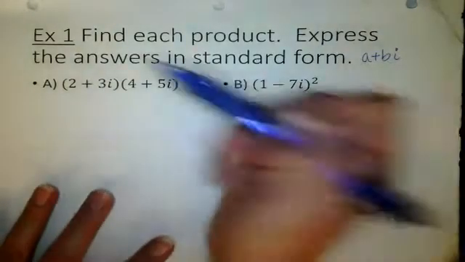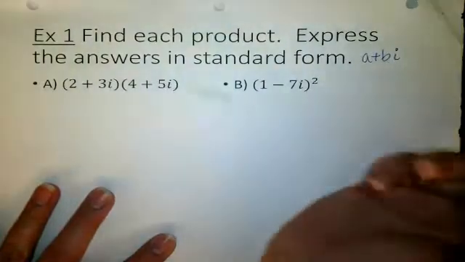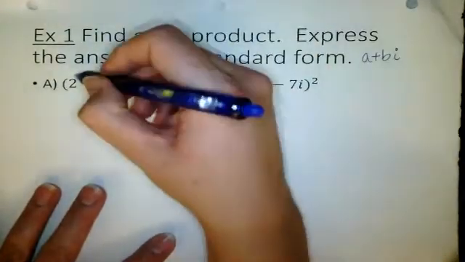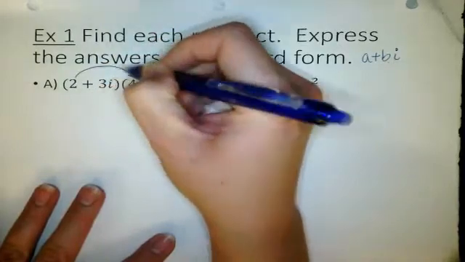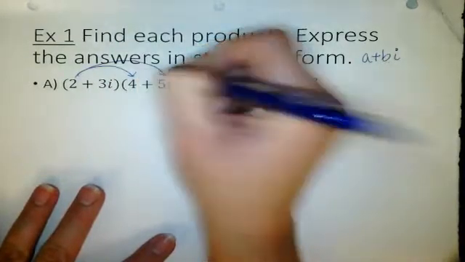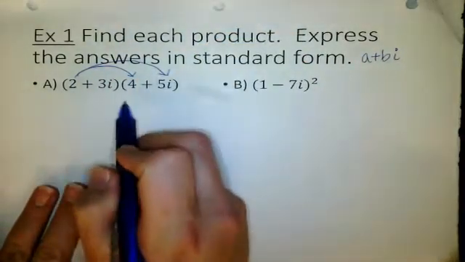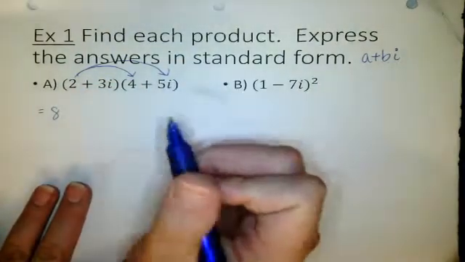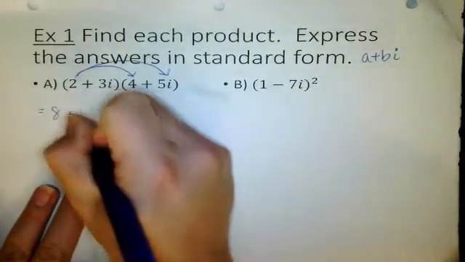All right, so we've got 2 plus 3i times 4 plus 5i, and we are going to multiply. So I'm going to distribute in our 2 here. 2 times 4 gives us 8. And then 2 times 5i, 10 i's.